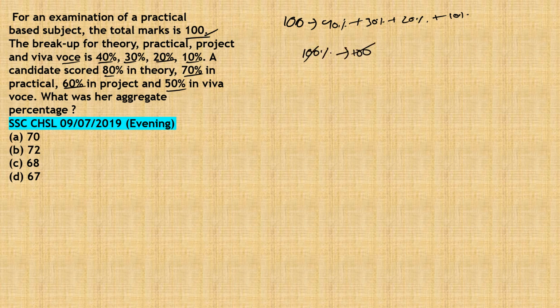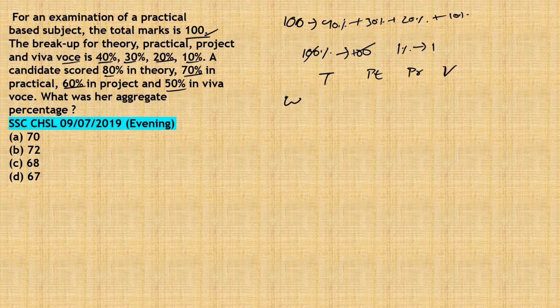That means 1% denotes 1 ratio. We can write the breakup here, the weightage for each subject: theory, practical, project and viva.